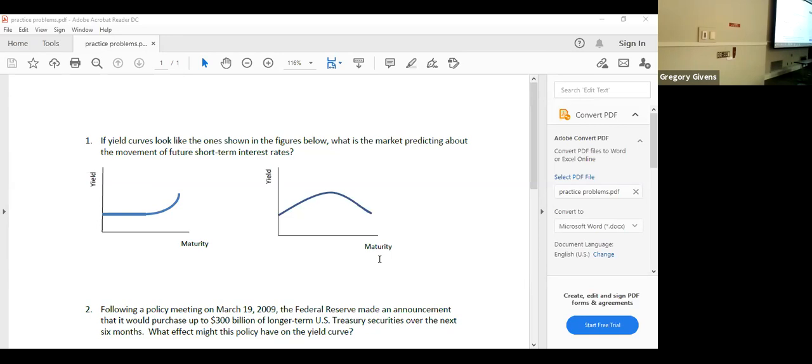We can make that interpretation because we have a specific model of the term structure that says long-term interest rates are equal to the average of current and expected future short-term interest rates plus a term premium. So if we know what short rates and long rates are today, we should be able to make an inference about what short rates are going to be in the future by utilizing that relationship in the term structure.